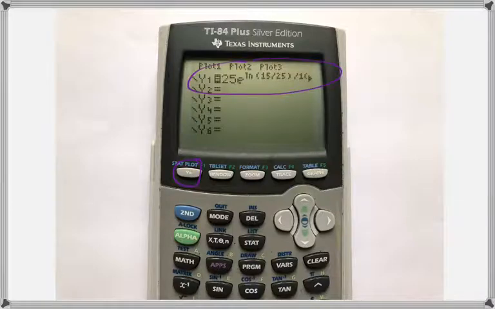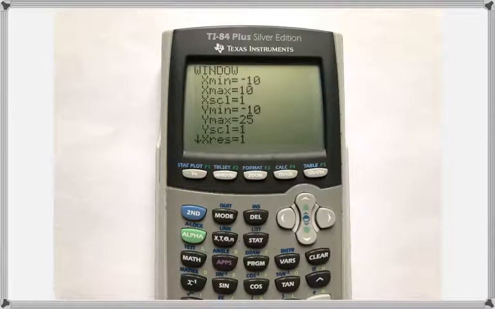Next I want to go to the window, and I know because there's initially 25 grams of the substance that I want to make my y max 25. Now I don't know what a good x max value will be, so I'm just going to start at 10 and then graph it.